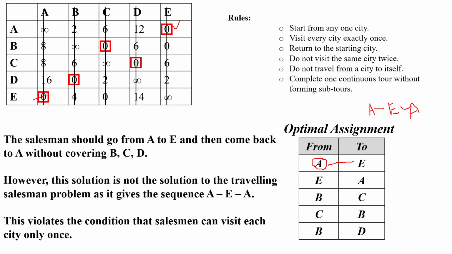So this violates the condition that the salesman can visit each city only once.